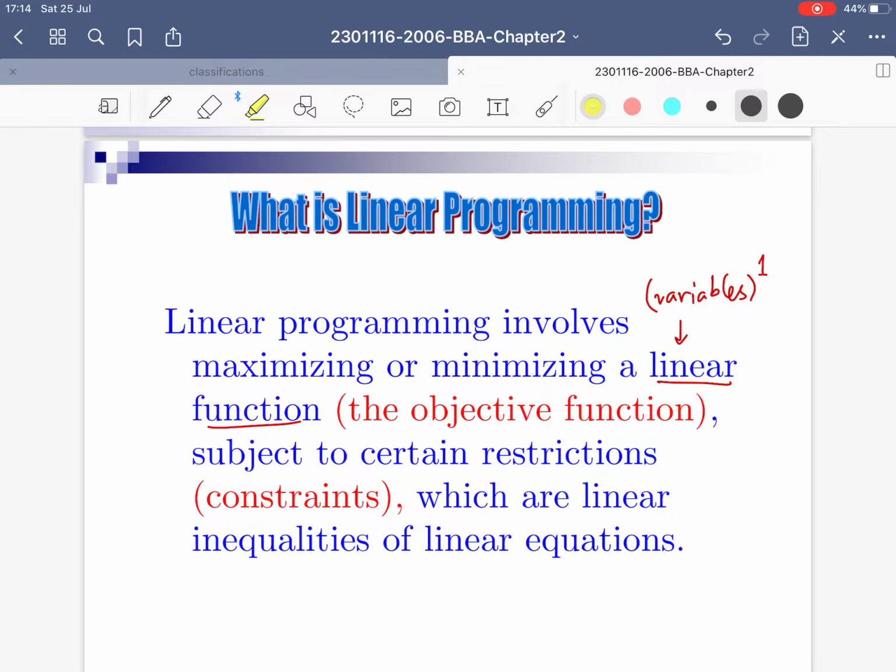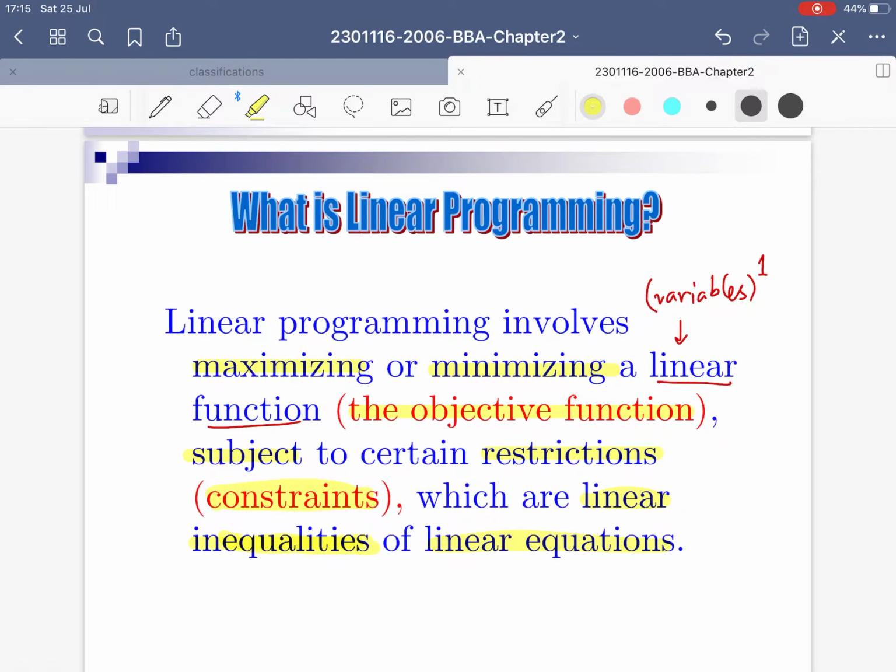Usually this linear function is called an objective function, and you are going to either maximize or minimize it subject to certain restrictions, which we usually call constraints. These constraints involve linear inequalities or linear equations.